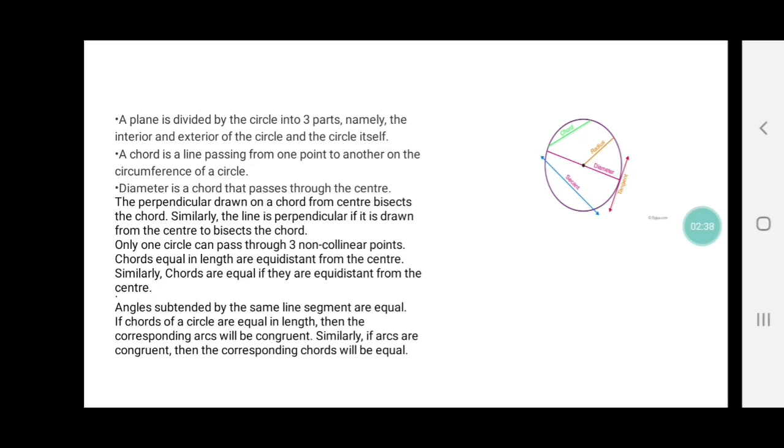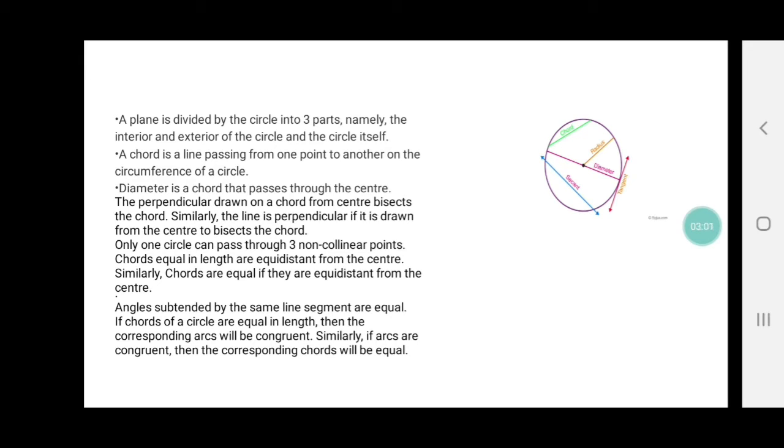You can observe the figure. The line segment passing through the center is known as the diameter. Half of the diameter is the radius, and the line joining any two points on the circle is known as a chord. Diameter is the biggest chord.